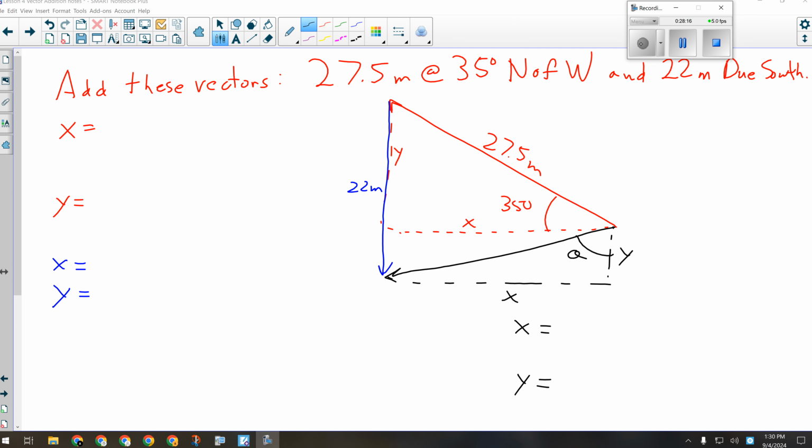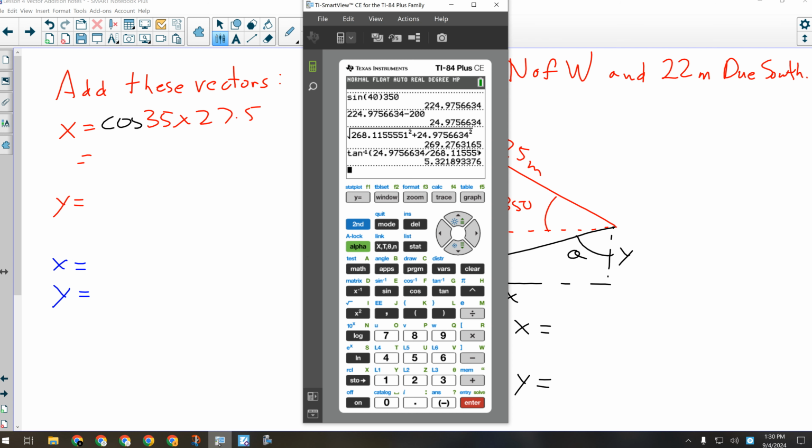All right, so we got to first find our x's and y's, right? That's the second step after drawing the diagram. Okay, so in this one here, x is the adjacent side, so I'm going to go cos of 35 times 27.5 meters.